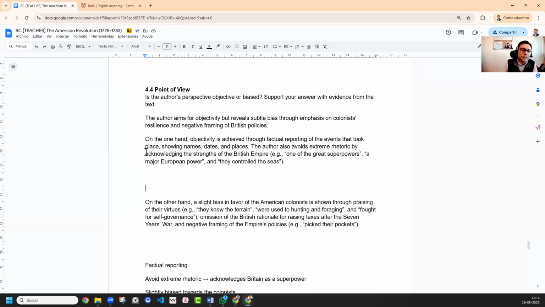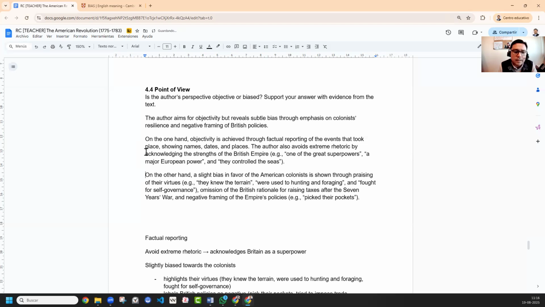Then we have examples. On the other hand, a slight bias in favor of the American colonists is shown through praising of their virtues. Then examples: omission of the British rationale for raising taxes after the 7 Years' War, and negative framing of the empire's policies.